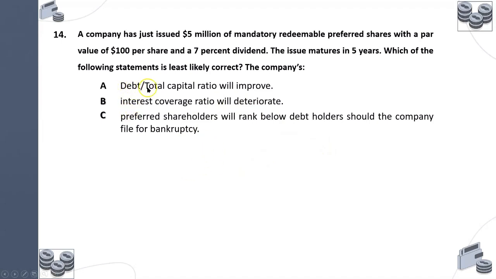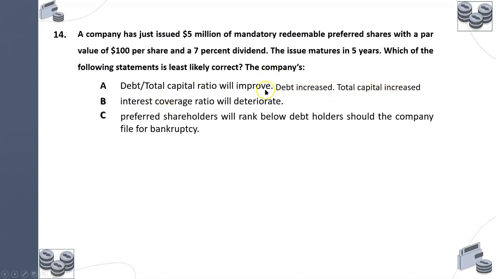Let us see how this will be affected. Debt to total capital: if we are issuing new debt, which is preferred shares, as I just mentioned, it will be treated as debt per US GAAP. So debt will increase, and also the total capital will increase.